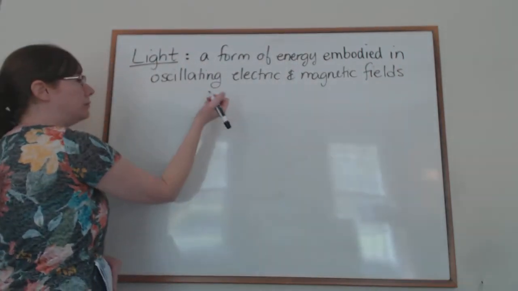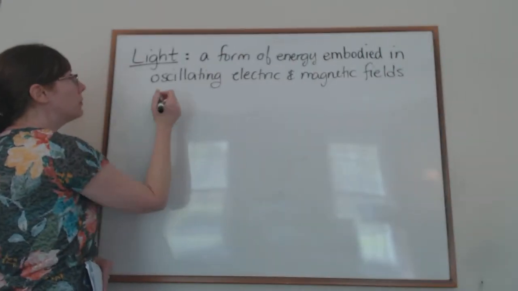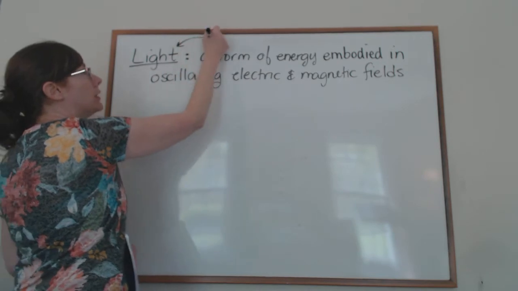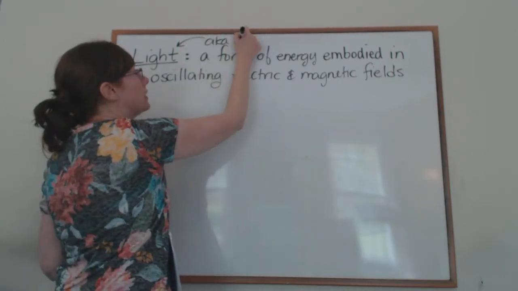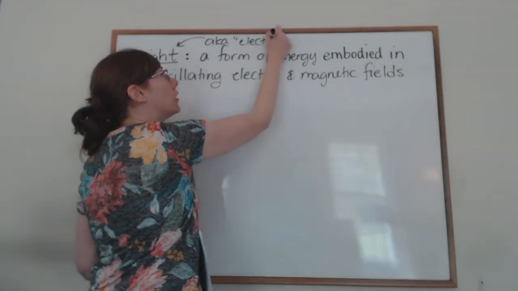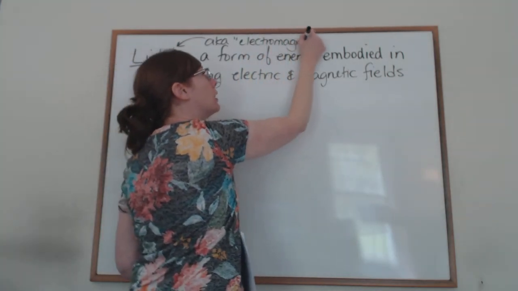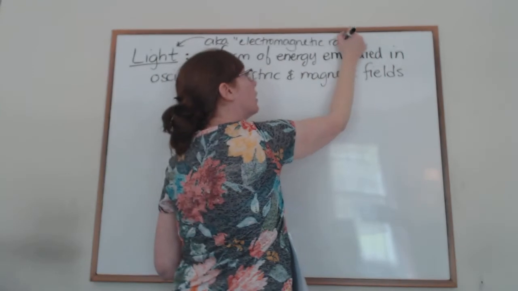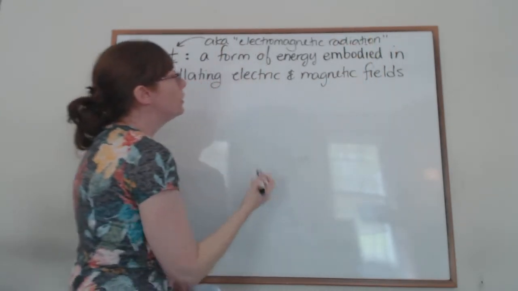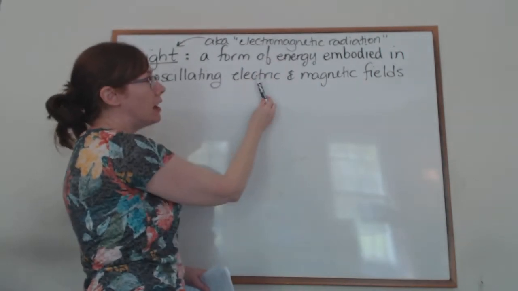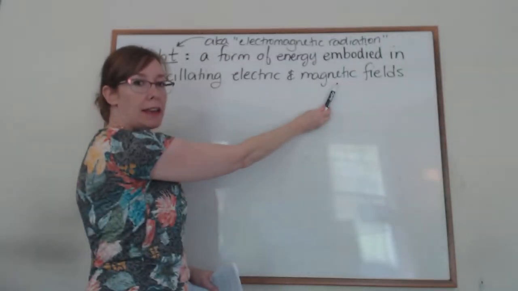And therefore, light is also known as, AKA, it's also known as electromagnetic radiation. That is a synonym for light. So you can see the words electromagnetic, that's the oscillating electric and magnetic fields.